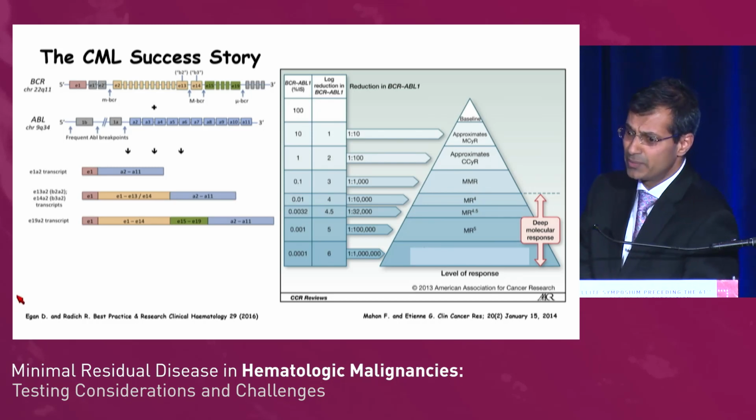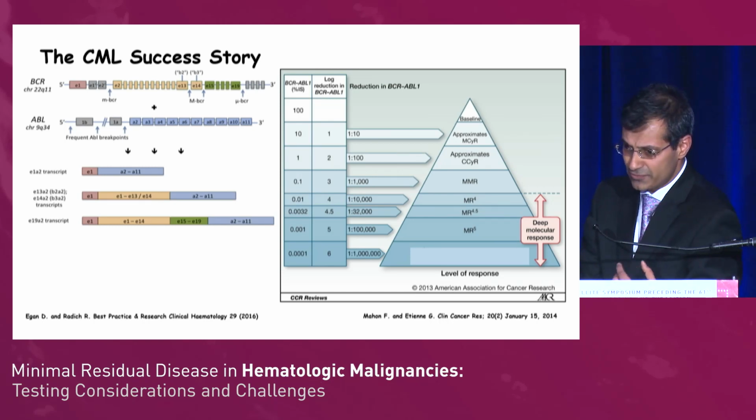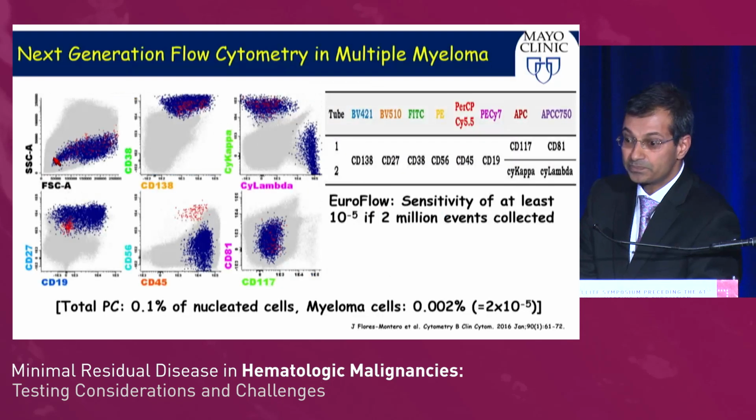As you can see, with the BCR-ABL transcript, it's very easy to perform reverse transcriptase PCR, or polymerase chain reaction, but what is important to note is the size of this fusion transcript at the time of diagnosis, because the same transcript may not be present in other malignancies or even in different patients suffering from the same malignancy.